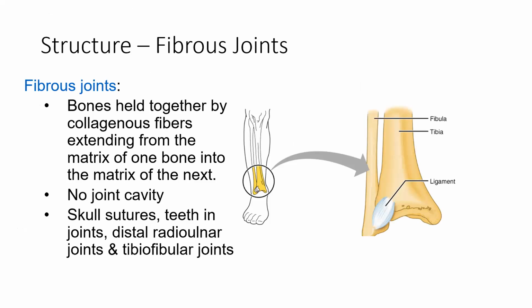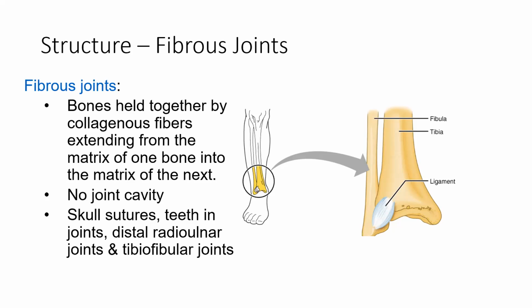Here's another example of a fibrous joint. The connection between the tibia and the fibula, no cavity, collagen fibers extending across the joint. Collagen, strongest protein in the body, most abundant protein in the body, extending from one bone to another.